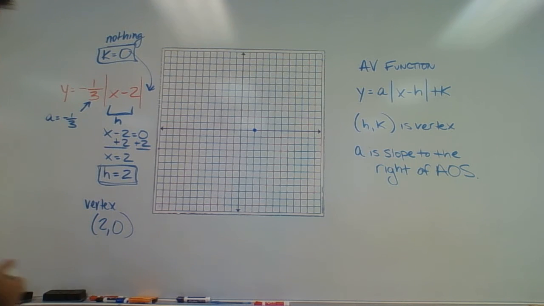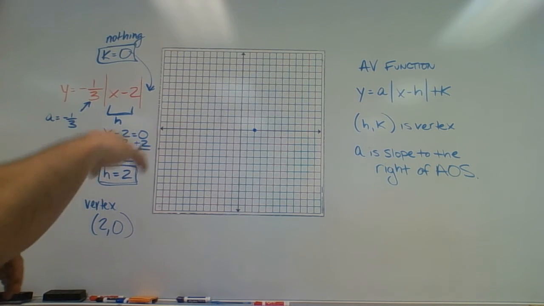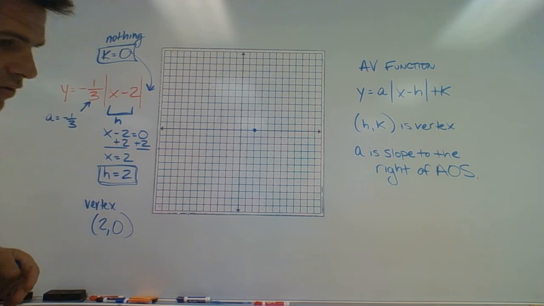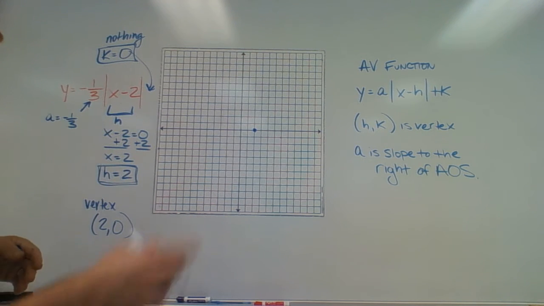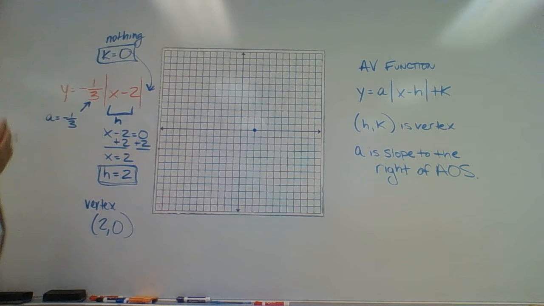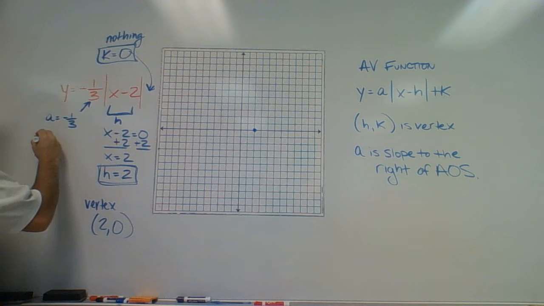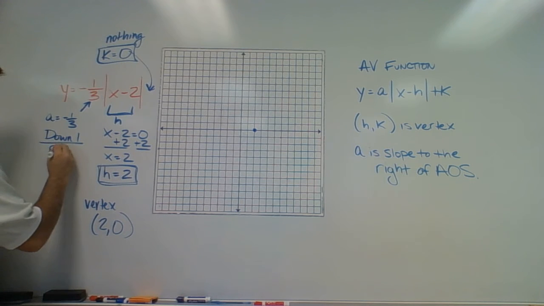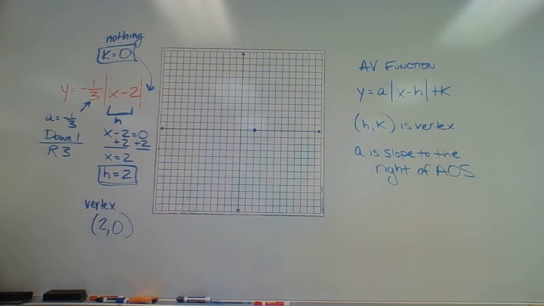Positive means we're going to go upwards first for slope, negative means we're going to go downwards first for slope, but we're always going to head to the right first. So if I had to write it out, and you don't have to do this, but it might be helpful, that means I'm going to go down 1 and to the right 3.